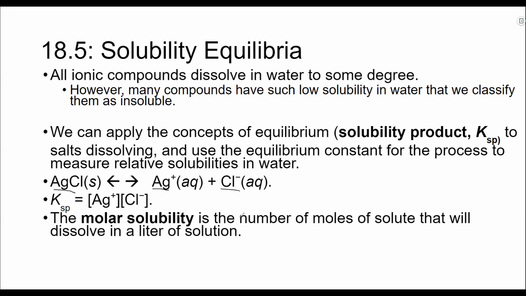Now, the thing about KSP is that the equilibrium constant is very small, much less than 1. And if you remember, for equilibrium, it is always the concentration of products divided by the concentration of reactants.